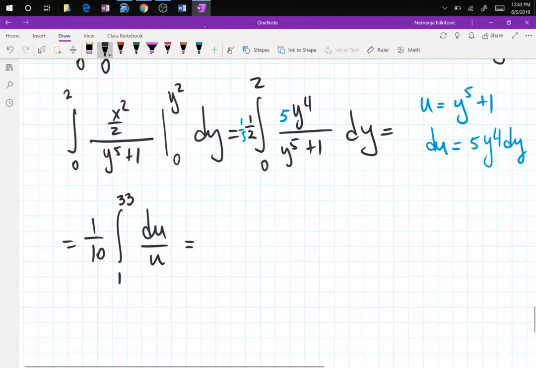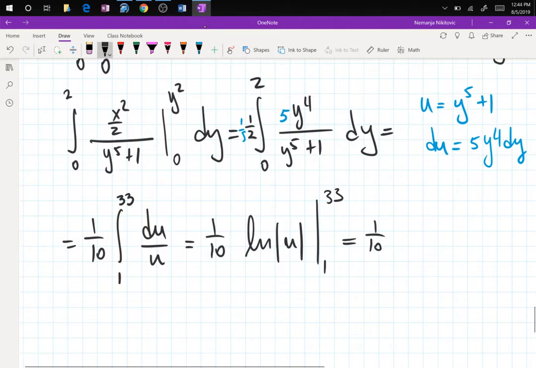Change the limits. 1 over 10 ln of u, computed from 1 to 33. Now ln of 1 is 0. So 1 over 10 ln of 33. Tons of fun.